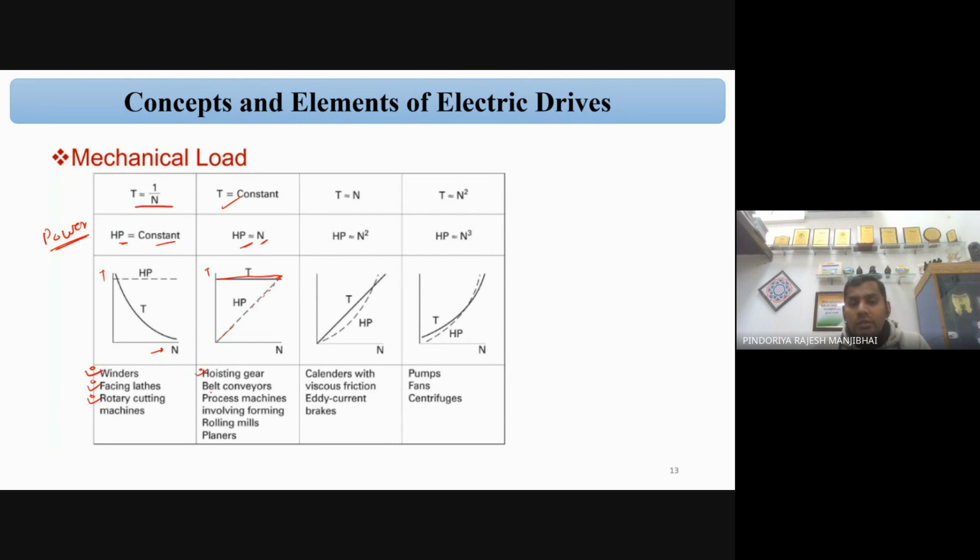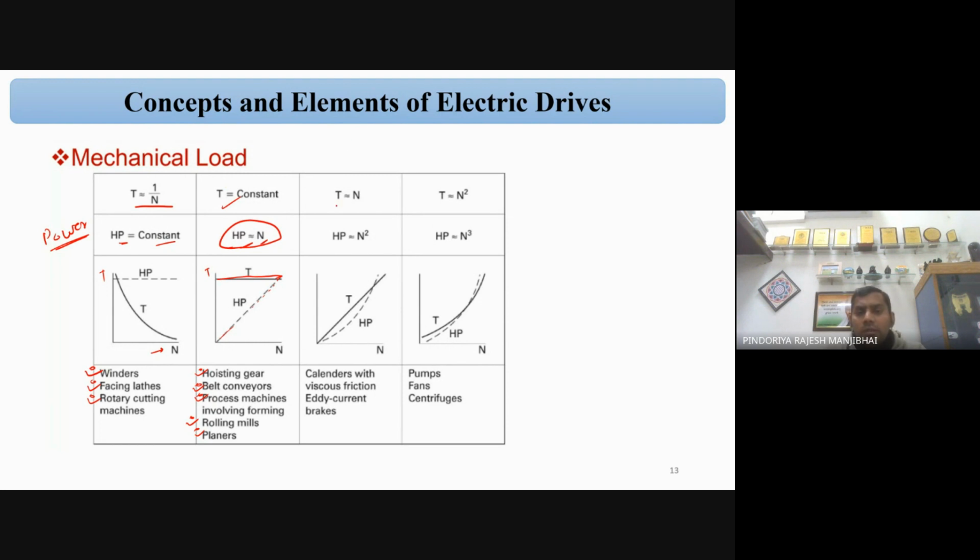Hoisting gear, belt conveyor systems, process machines involving forming, rolling mills and planers. Whenever torque is constant, your horsepower is directly proportional to the speed.